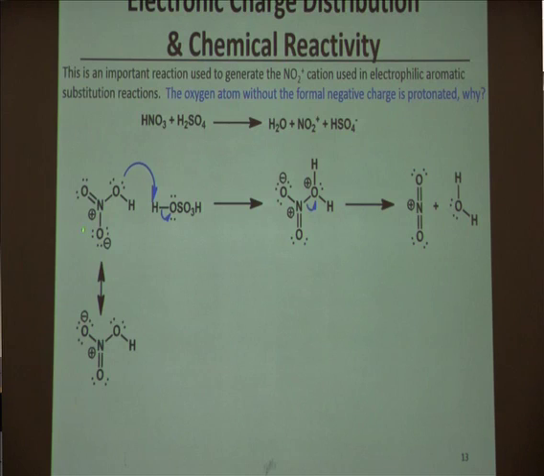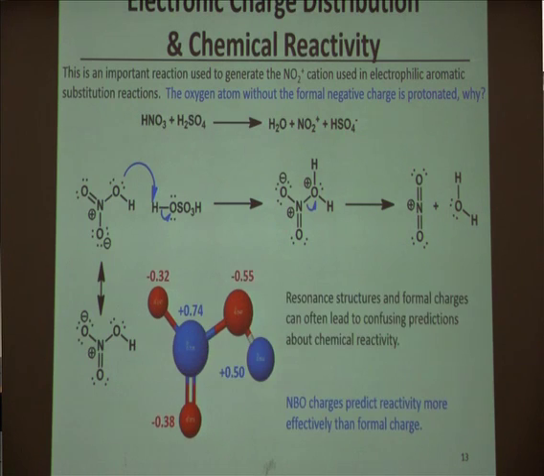It turns out the formally negative oxygens right here are not the most negative oxygens in that molecule. If you optimize the structure, it looks like this. A quick NPA calculation reveals these charges. And we see from them that these two oxygens have about minus 0.3 charge. The oxygen that already has the hydrogen is significantly more negative, with a charge of minus 0.5 here.